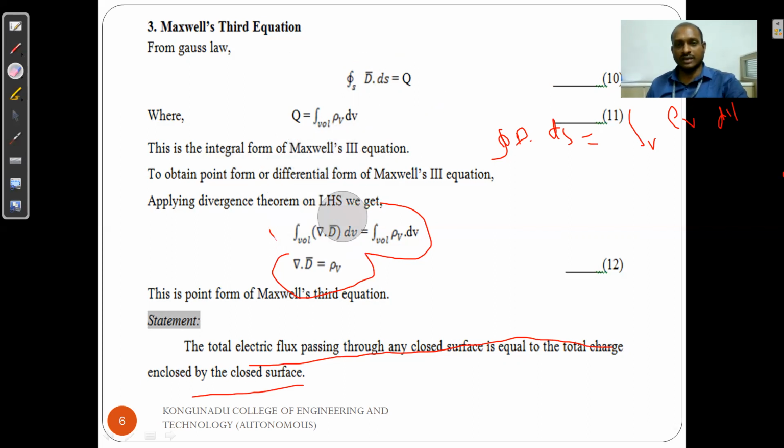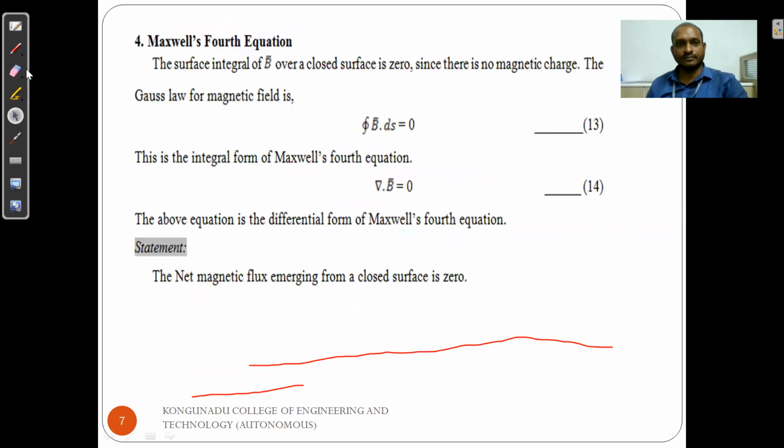The last one is Maxwell equation number 4, which is derived from the magnetic Gauss law. Gauss law for magnetic field: surface integral B dot dS is equal to 0. This is the integral form. If you want to derive the differential form, you need to apply the divergence theorem.